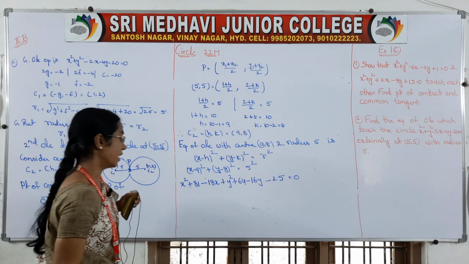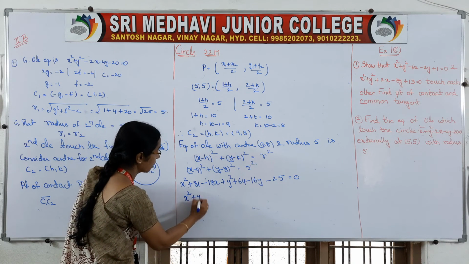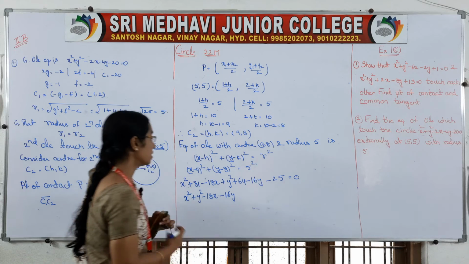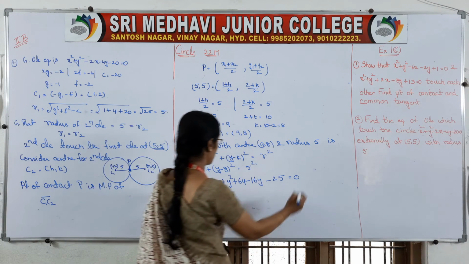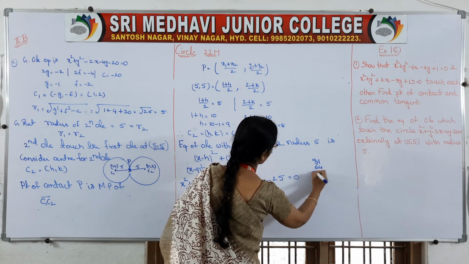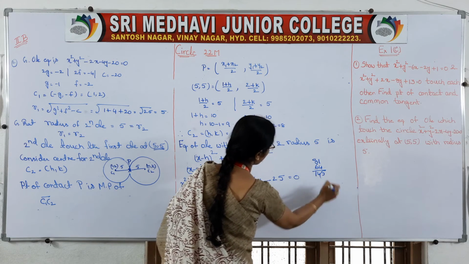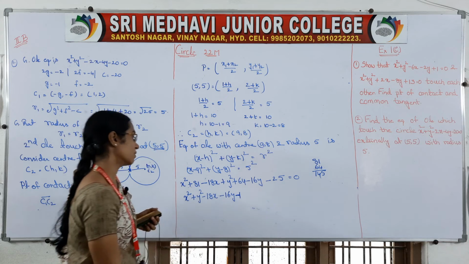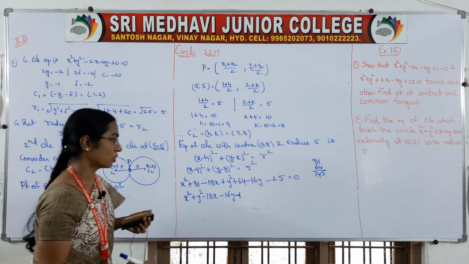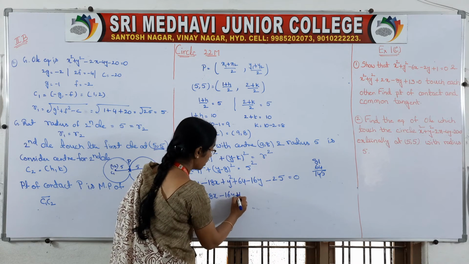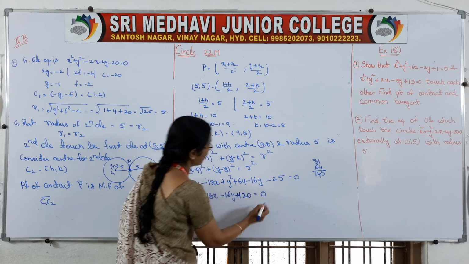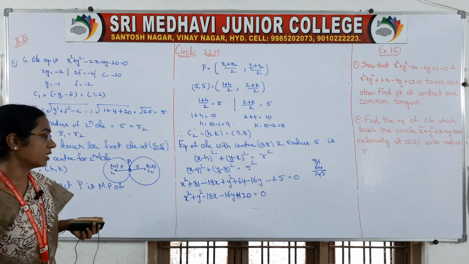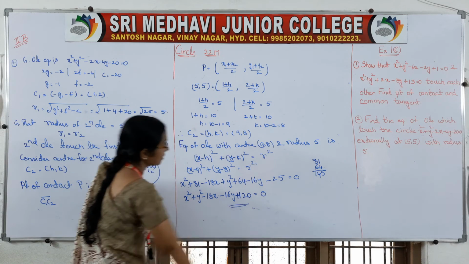If we bring this at negative and write in the order, x square plus y square minus 18x minus 16y, now you add these values. 81 plus 64, this is positive, minus 25. So, 145 minus 25, that is 120, plus 120 is equal to 0 is the required circle equation.